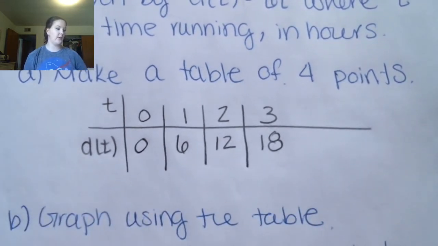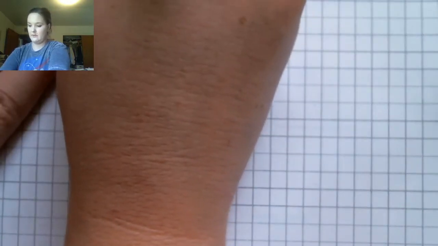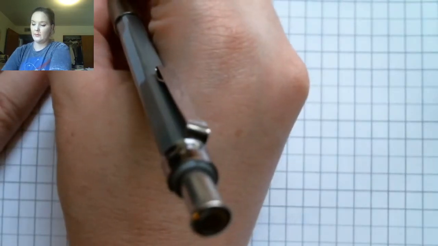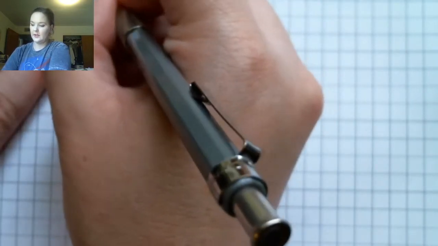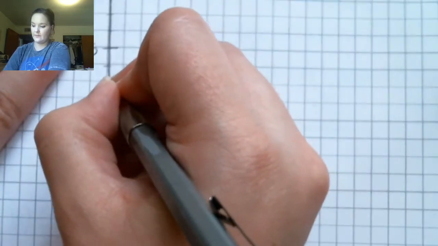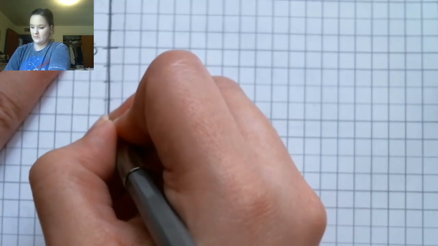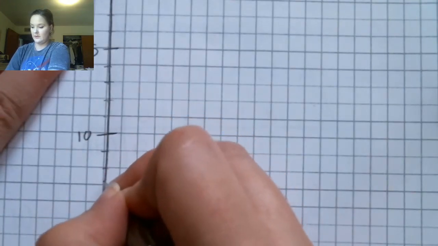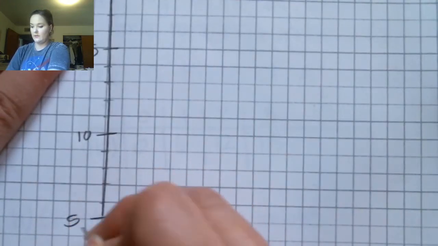Part B says graph using the table. So we're going to graph using the table. The biggest value was 18, so maybe we'll just try to make this be 19, 18, 17, 15, 10, 5.